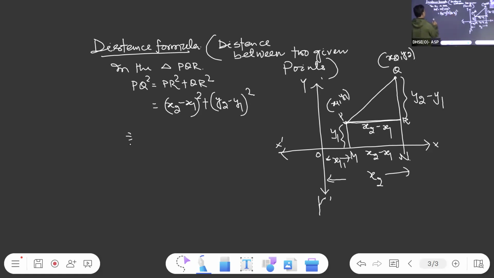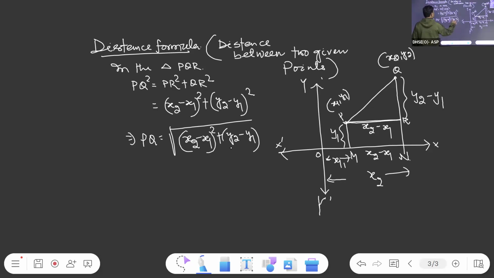So length PQ is equal to under root (x2 minus x1) whole square plus (y2 minus y1) whole square. This is your distance formula, okay? So let us come to solve a couple of rudimentary questions on distance formula.